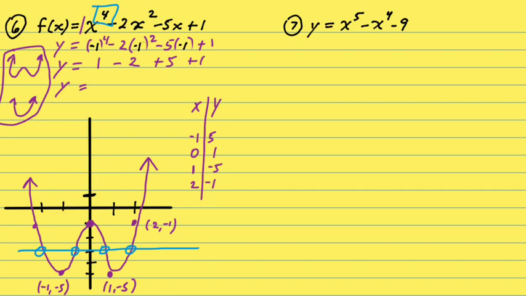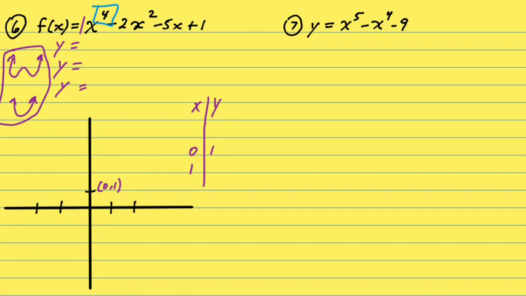Give me a moment. I'm just reworking my XY table. If I put in a 0, I get a 1. If I put in a 1, I get this, I believe. So that's negative 7 plus 2. Is that negative 5? So I think I had these right. If I put in a 2, let's see what you get here. 2 to the 4th is 16.